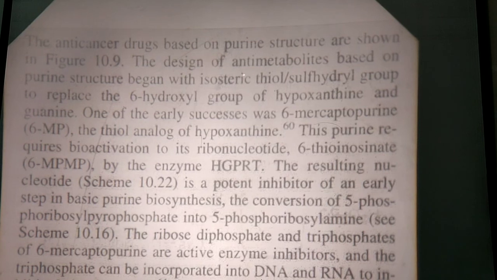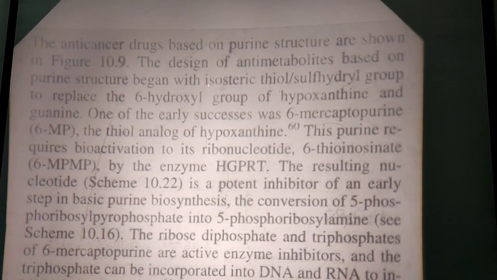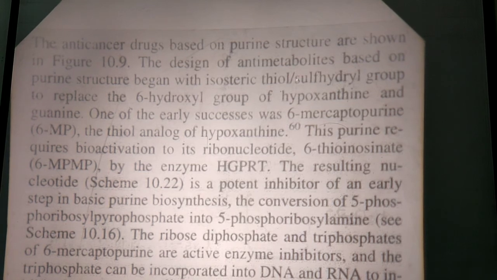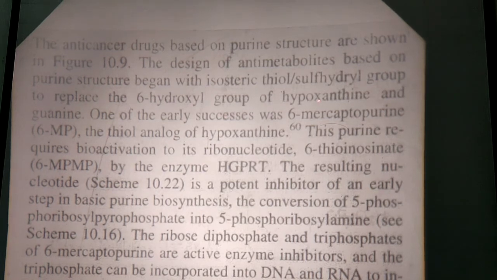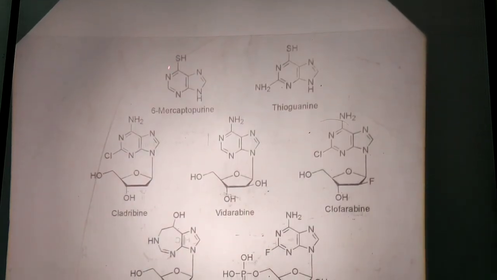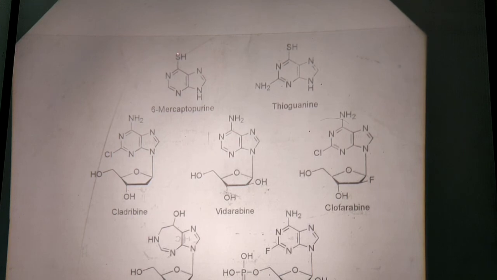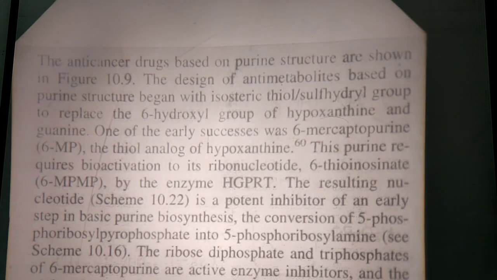The design of antimetabolites based on purine structure began with the isosteric thiol sulfhydryl group replacing the 6-hydroxyl group of hypoxanthine. So in the hypoxanthine molecule there was O here, and that O has been replaced by S, to replace the 6-hydroxyl group of hypoxanthine and guanine.